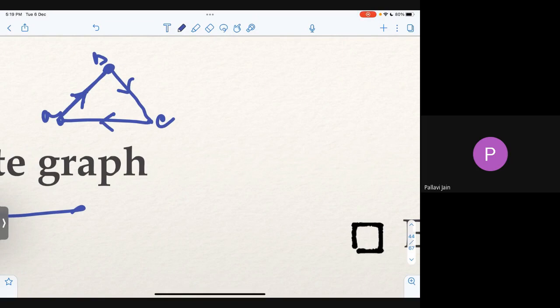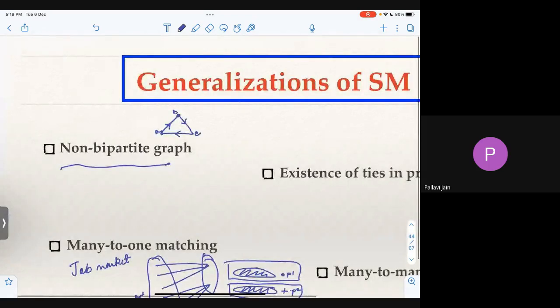It's a non-bipartite graph, right? There cannot be a stable matching here. So even in very simple cases, unlike the bipartite case where we always have a stable matching and Gale-Shapley will find it, in the arbitrary non-bipartite case, we need not have a stable matching.